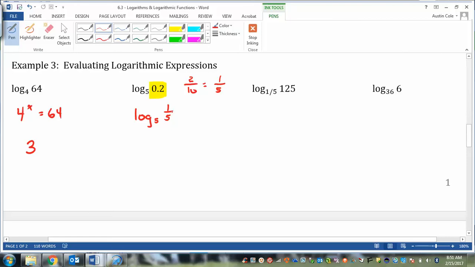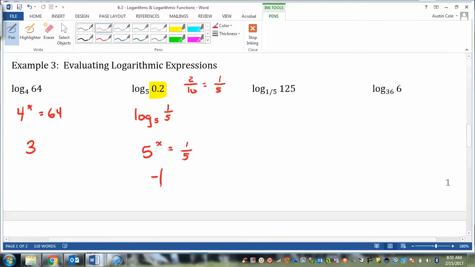Why? Well, now I can think: 5 to what power equals 1/5? Here's a little trick, guys. To get from 5 to 1/5, or a fraction, the exponent has to be negative because we need to flip it. So this is going to be negative 1. Did you set log 5 equal to 1/5?